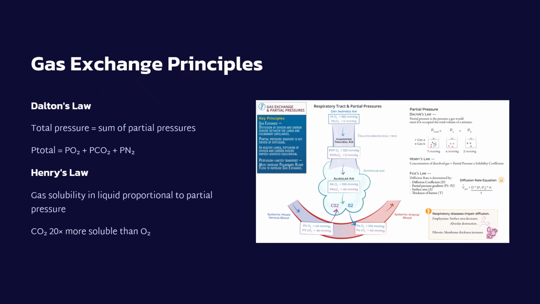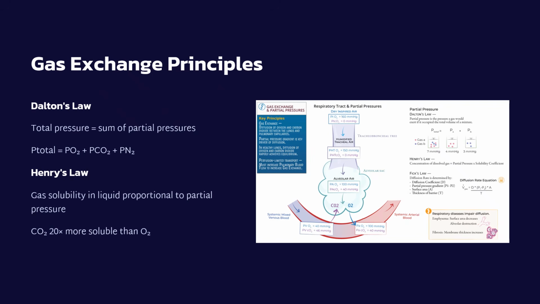Now for the gas exchange principles. Dalton's law states that each gas in a mixture, like O2 and CO2 in air, has its own partial pressure, and each gas diffuses in the lungs from higher to lower partial pressure, which means oxygen from your alveoli to blood, CO2 from blood to alveoli.